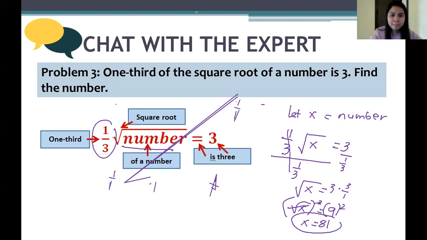The square root of 81 is 9, and 1/3 of 9 is equal to 3. So the answer is 3.